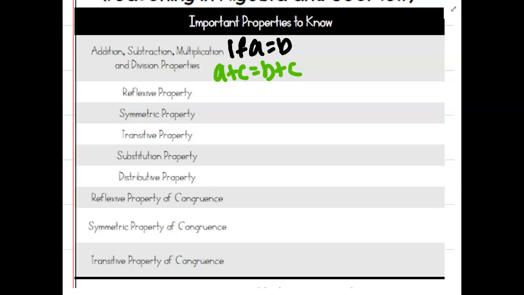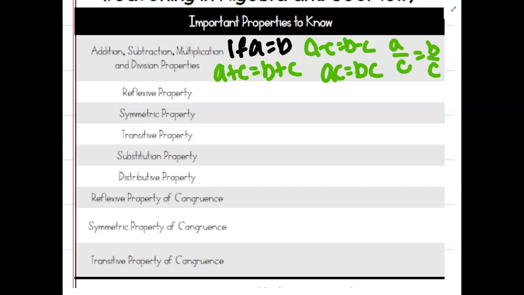The subtraction property of equality says A minus C equals B minus C. You can subtract the same number from both sides. The multiplication property says A times C equals B times C. And the division property of equality says A over C equals B over C.